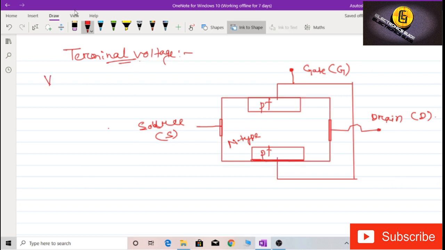One is VGG or VGS and another one is VDD or VDS. The source terminal is common for both the gate and drain terminal, so the voltage applied will always be with respect to the source.